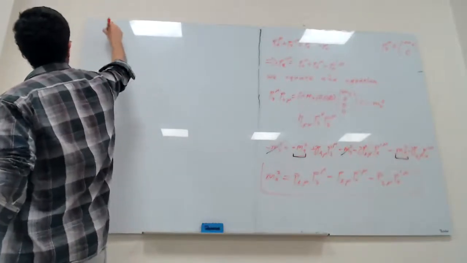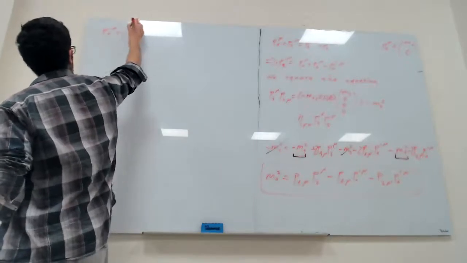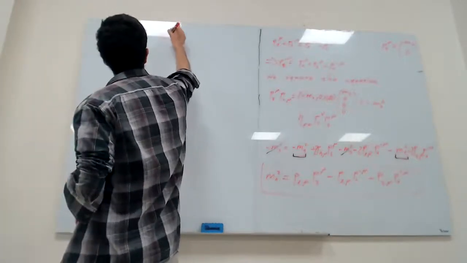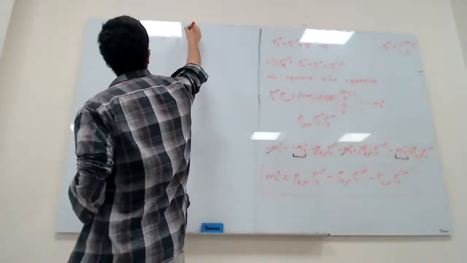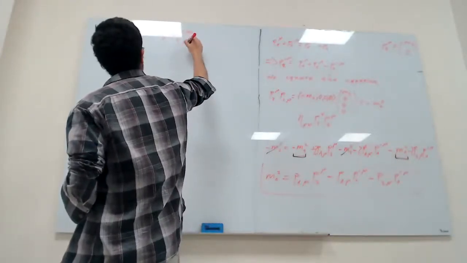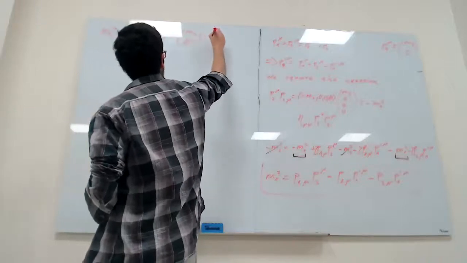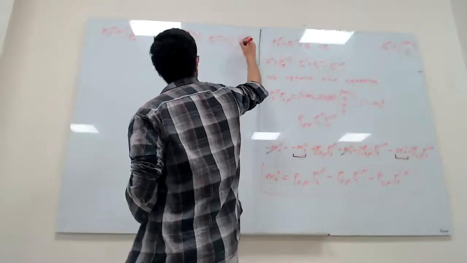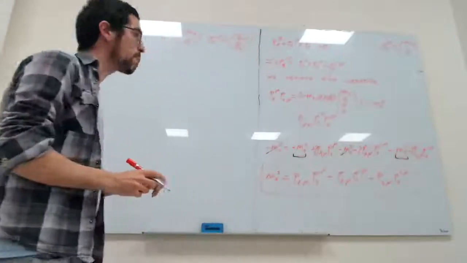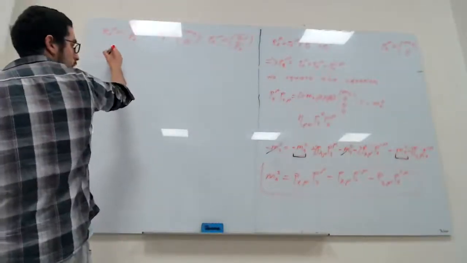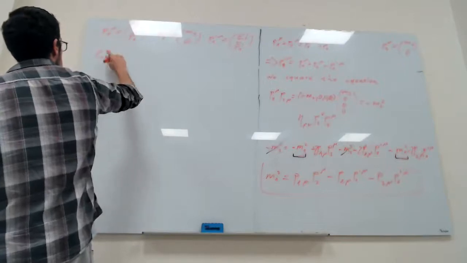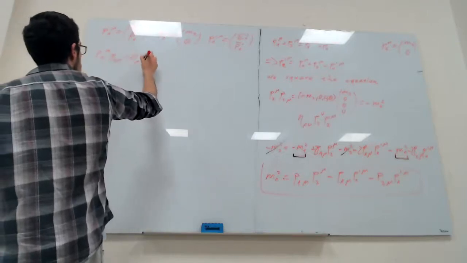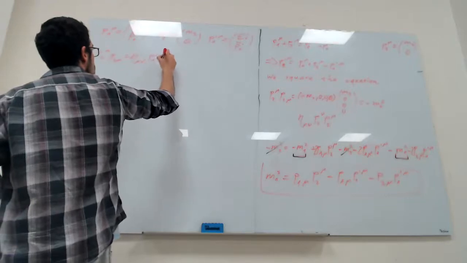So P1U equals P1 U1, P2U equals M2 P0, P1W equals P1W. So now we know P1U, P2U.